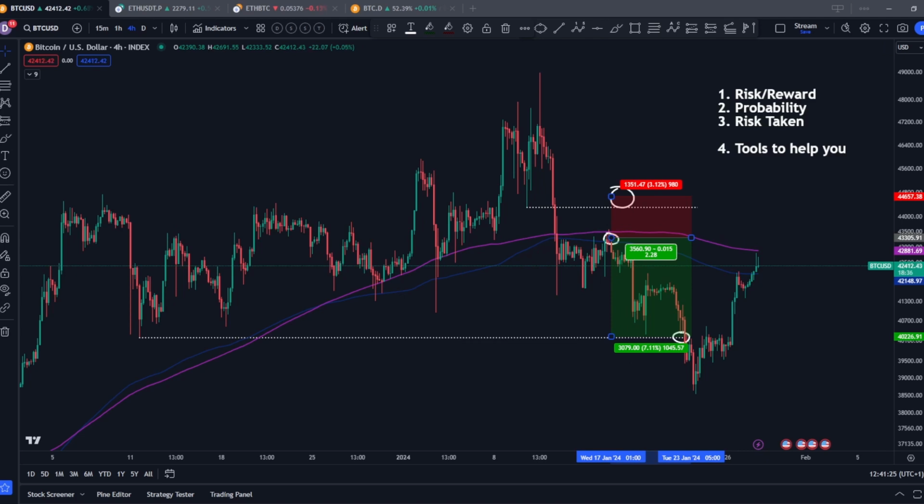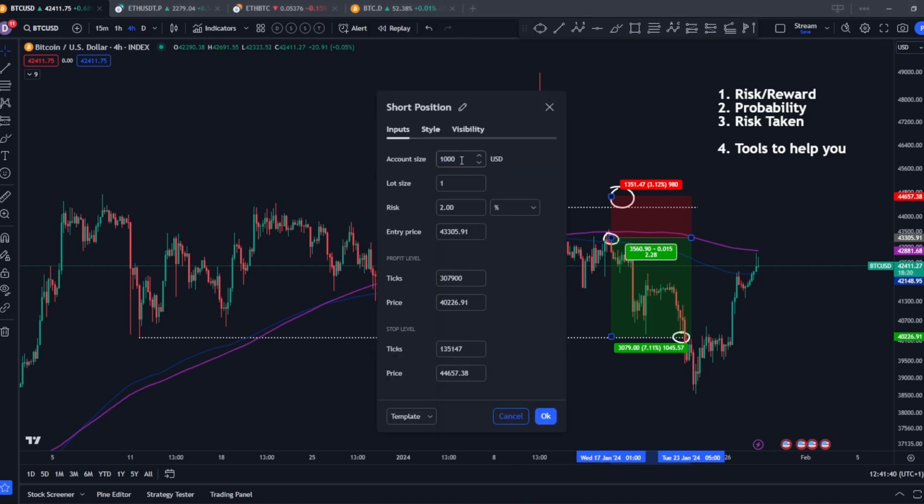That means our position size is like $650 in this case. So if we do $650 times this 3.12% or whatever, it should come out to like $20, because once again, our account size is $1,000.